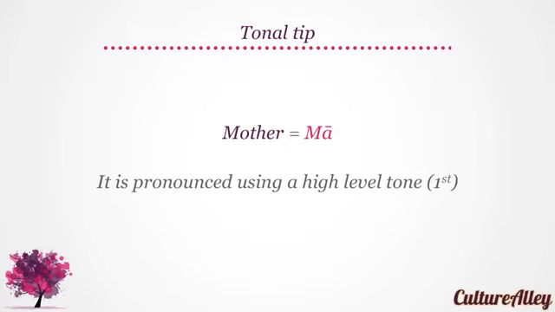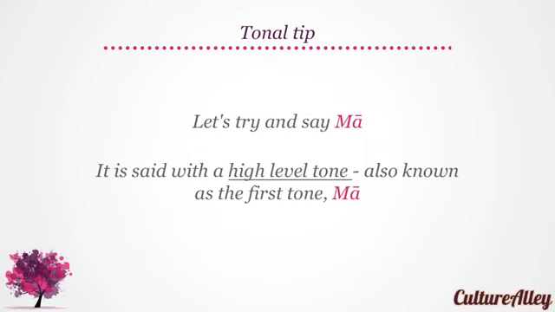Note that mother translates to ma, and it is pronounced using a high level tone, or the first tone. Let's try and say ma. Once again, it is said with a high level tone, also known as the first tone.